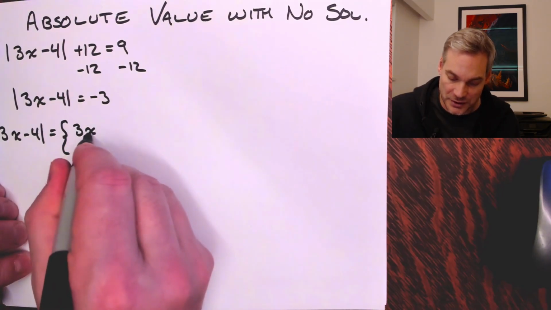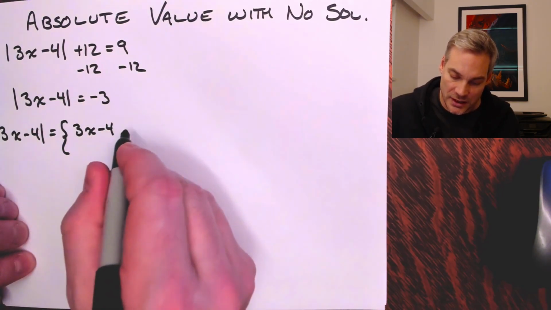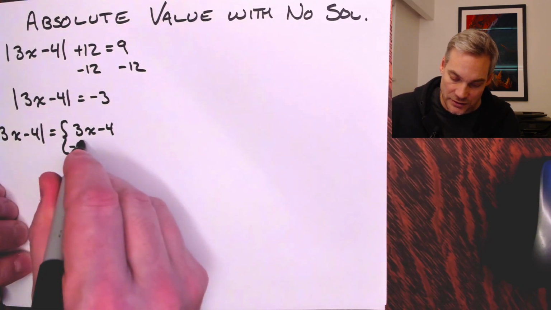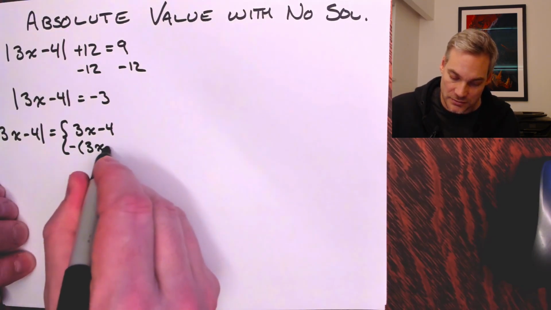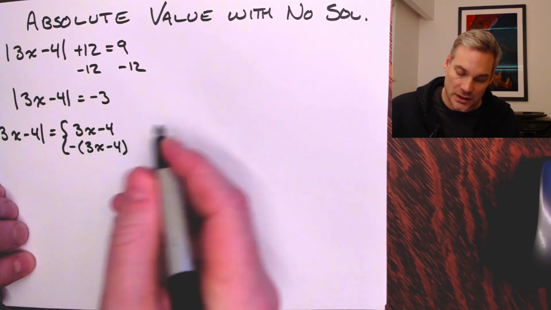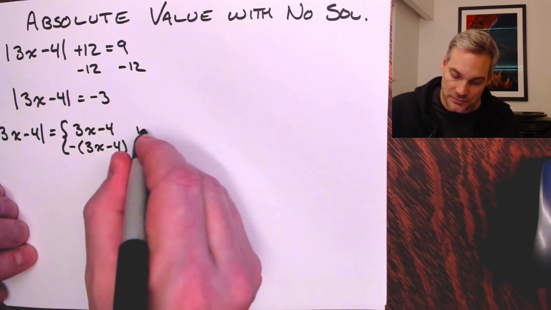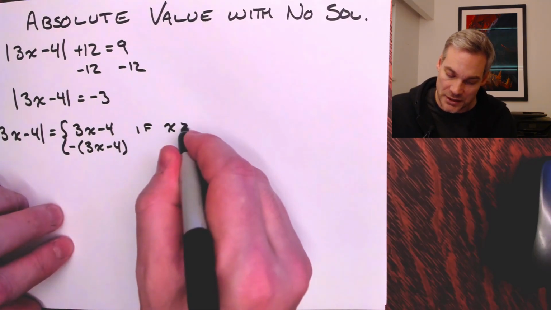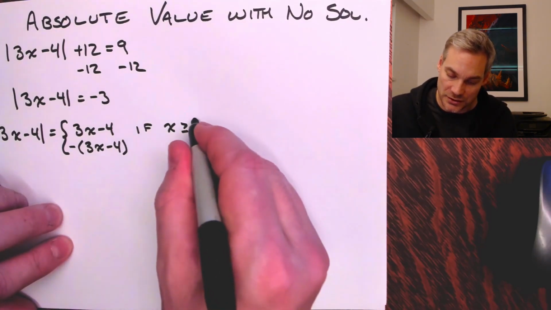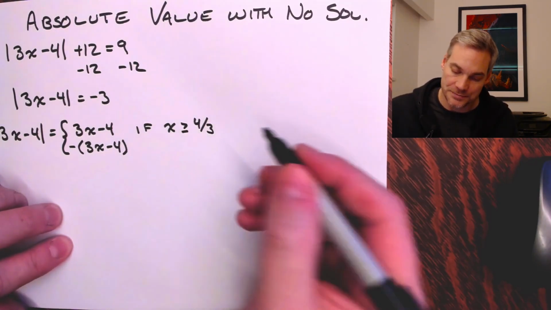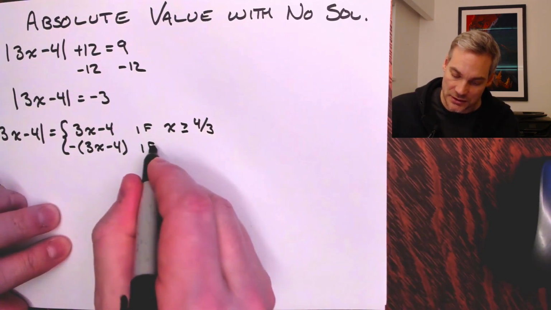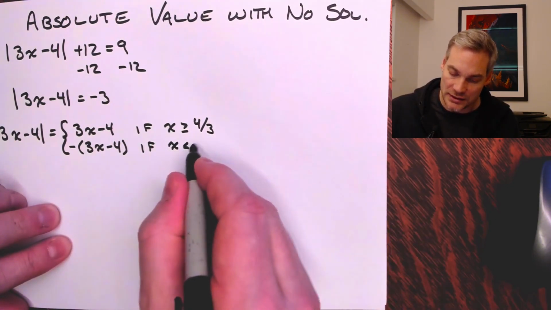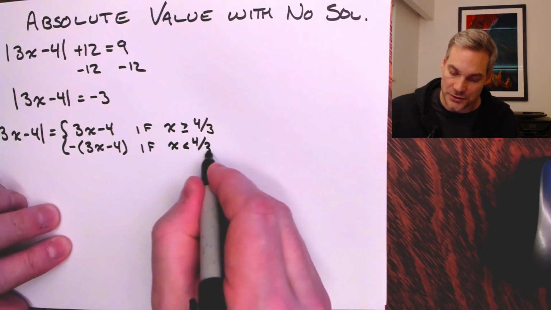So we have 3x - 4, and then we also have the negative of that. We use this one if x is bigger than or equal to 4/3, and we use this one if x is less than 4/3.